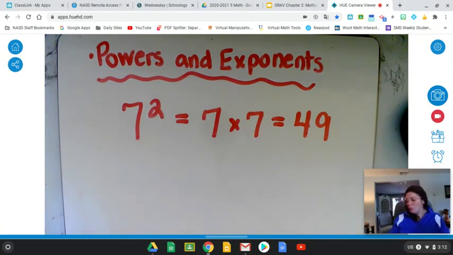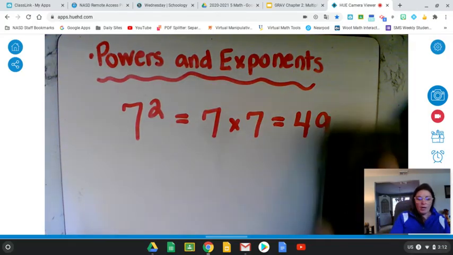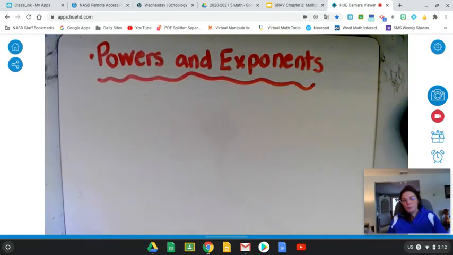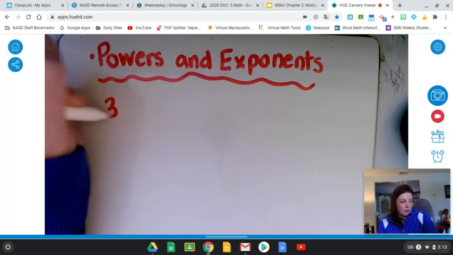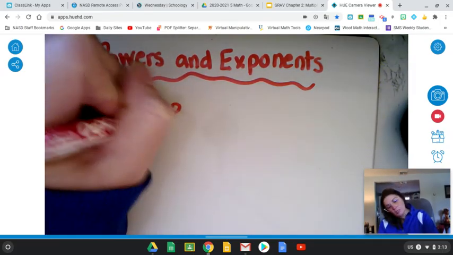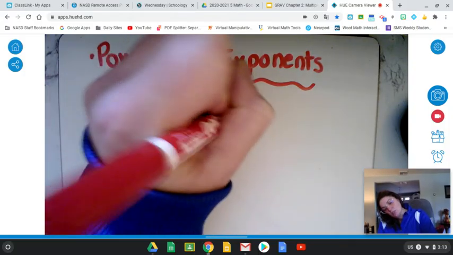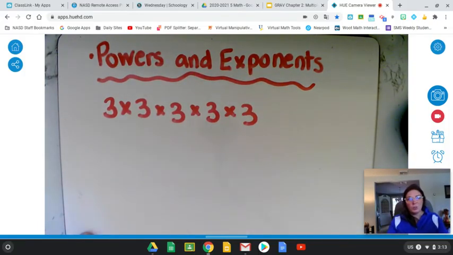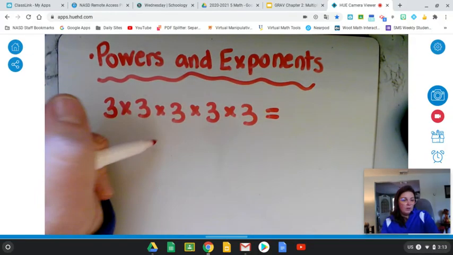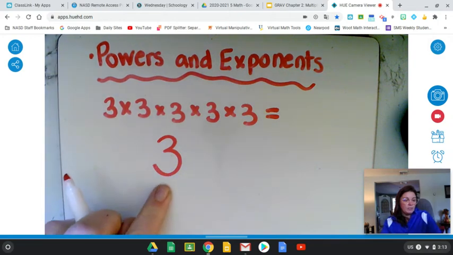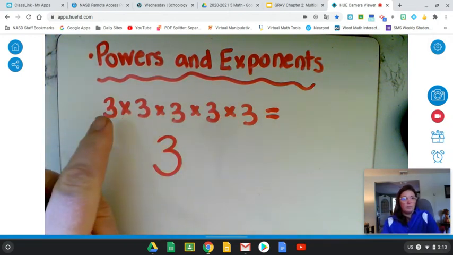So why would I use powers and exponents? Because if we encounter a problem such as 3 times 3 times 3 times 3 times 3, we can shorten that a lot and have it mean the same thing. So how could I write that as a power? My base is 3 because I see 3 repeated.